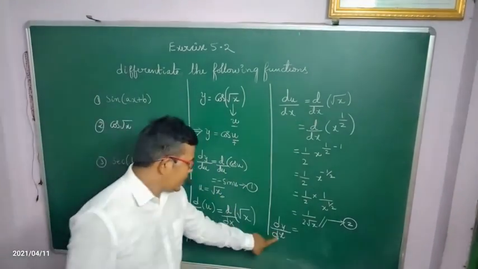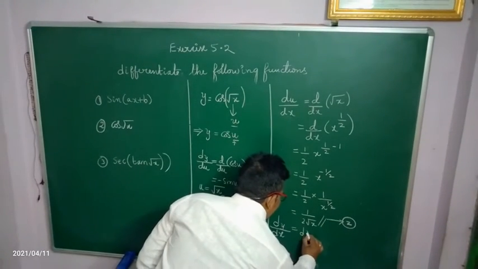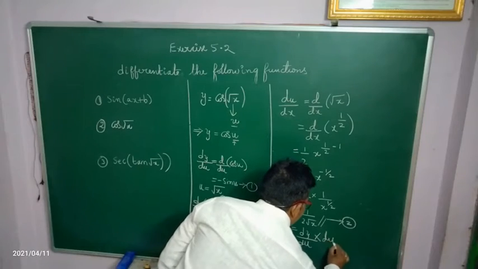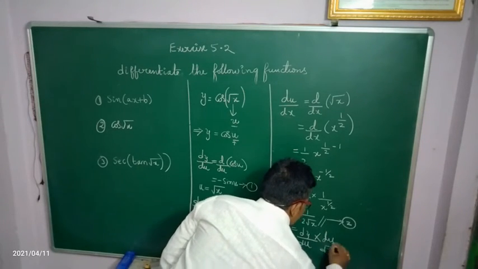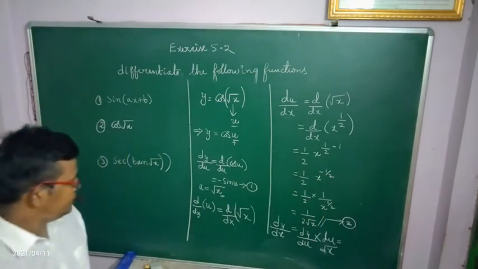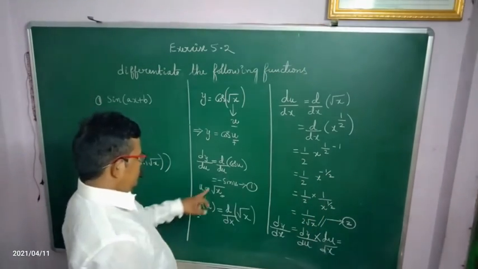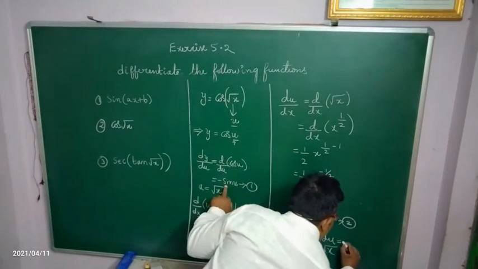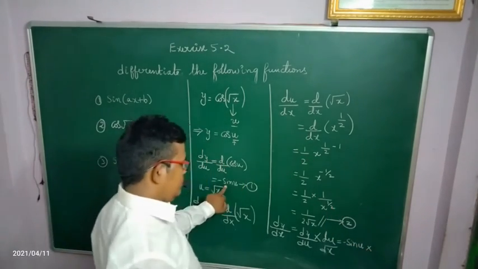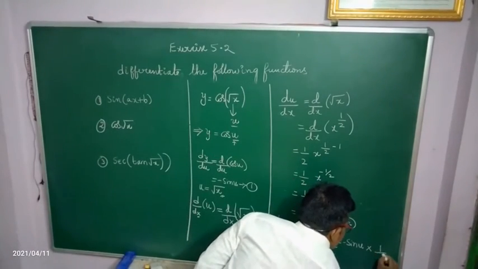So dy by dx can be written as dy by du into du by dx. That is minus sin u into 1 by 2 root x.